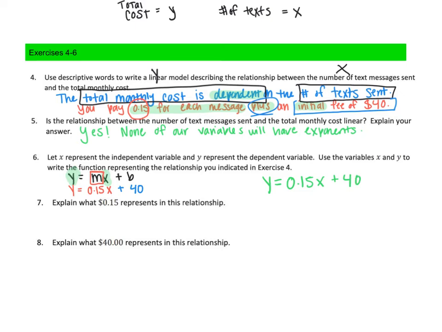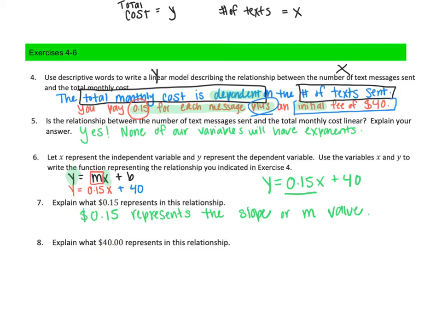All right? Below it just wants us to be a little bit more detailed with our description of these things. It says, explain what 15 cents represents. 15 cents represents the slope, right? That's in our m position. Okay?